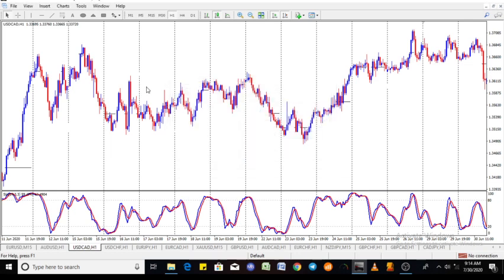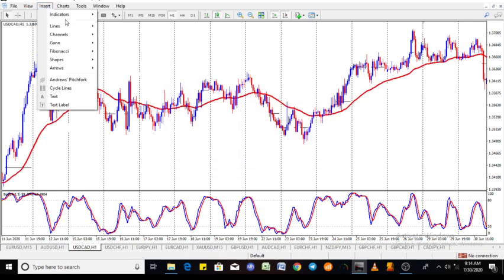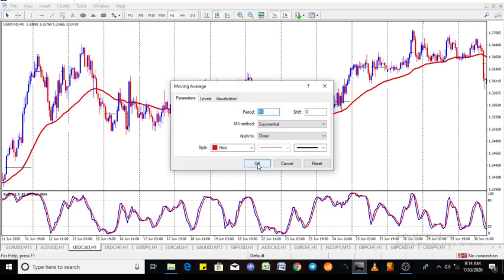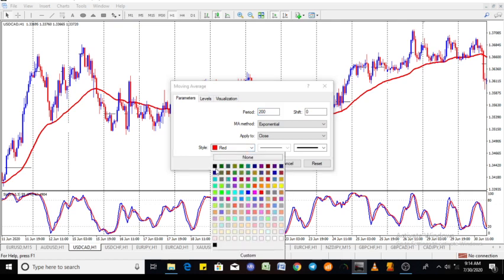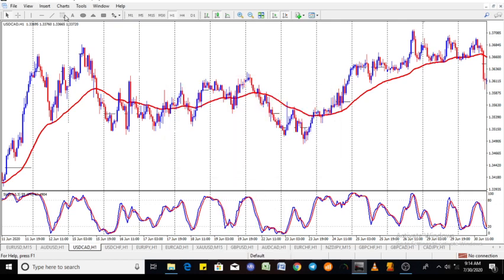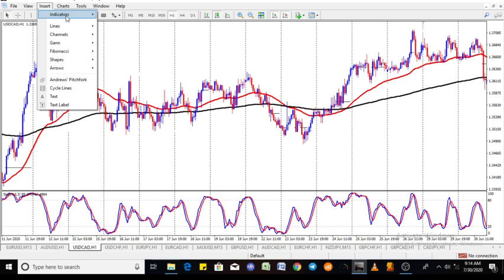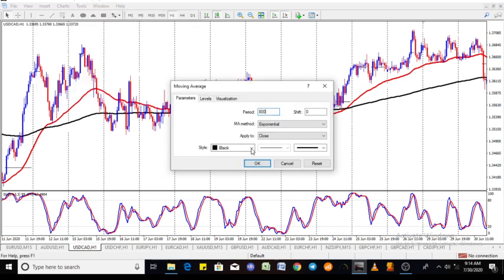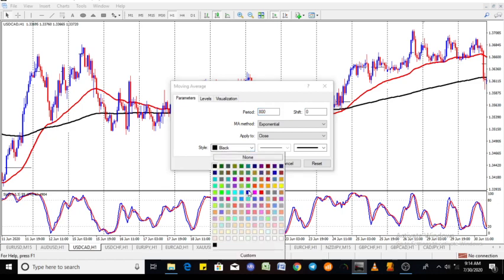We have another one, exponential moving average with period of 200. Now this time we can change the color to something else. Now we have another moving average with period of 800. You can still change the color to something else.